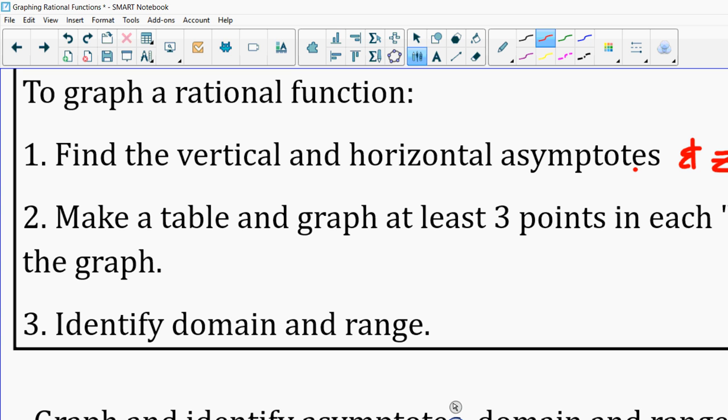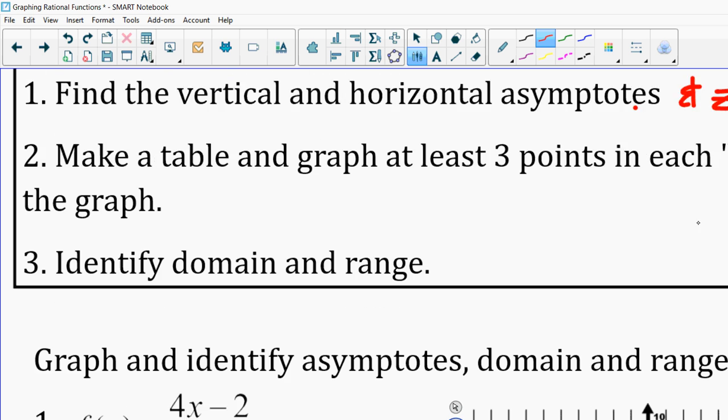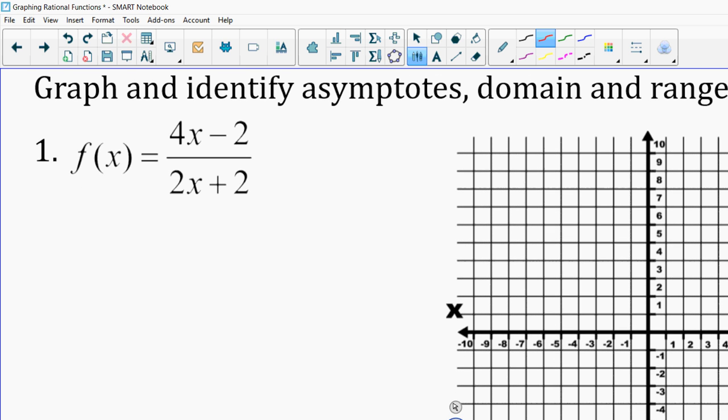And find the domain and range. How many practice ones are there of these? 5. We ain't going to get through 5. We'll get through some. All right. Let's go.